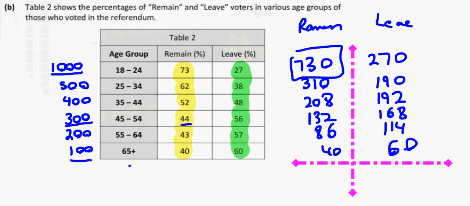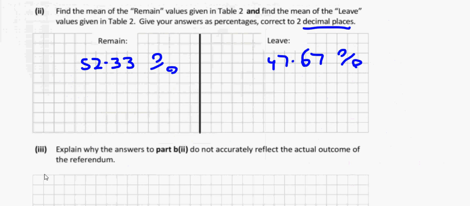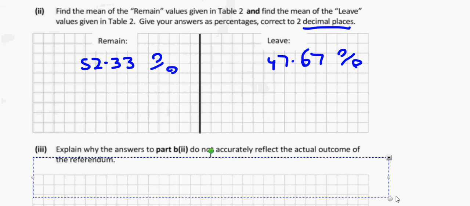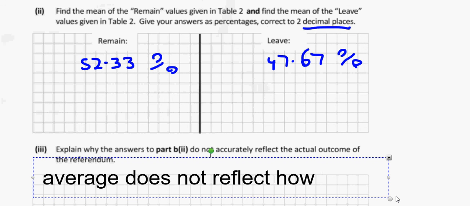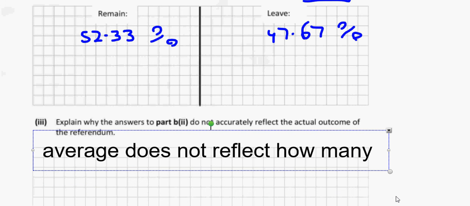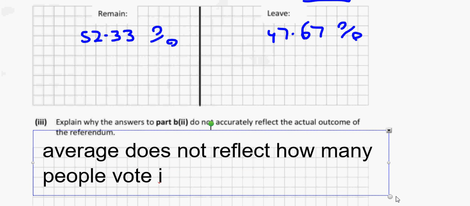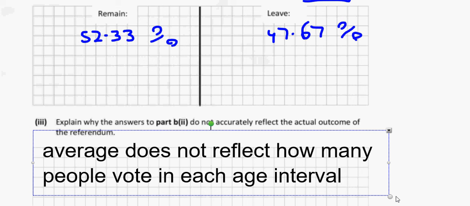So the way you'd write this answer is, you'd say that average does not reflect how many people vote in each age interval. Younger ages are more numerous, and they will influence the vote more than 70% of the older demographic, because they're more numerous. Okay, that's the point I was trying to hit home.